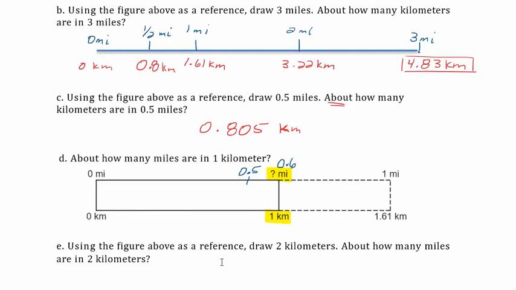Use the figure above as a reference, part E, and draw 2 kilometers. About how many miles are in 2 kilometers? Well, if we just scaled this, we got 1 kilometer to here. If we went out to 2 kilometers, out to here, then we would just double this 0.6.